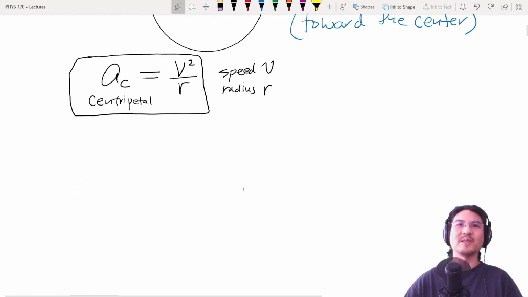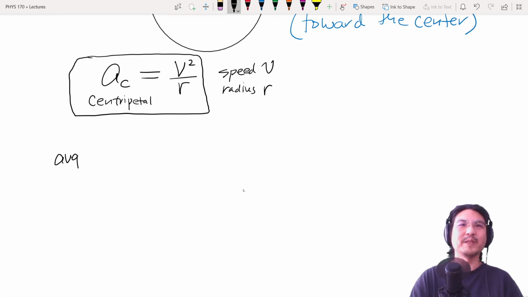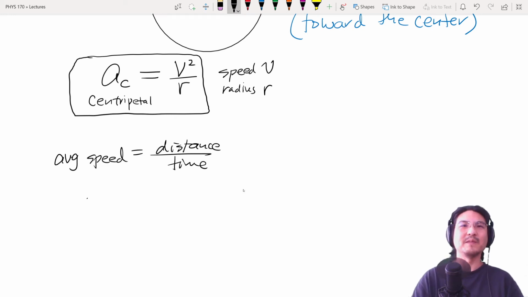If you're going in a circle, think about just average speed. It's just like distance over time. So let's just call this average speed v. And distance, if you're going in a circle, is the circumference, right? So 2 pi r, the circumference.